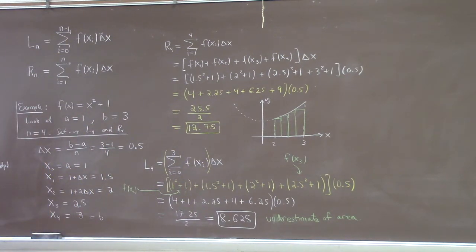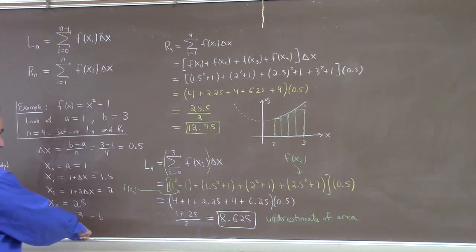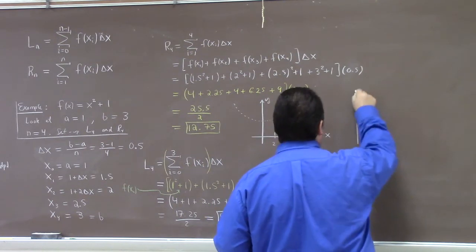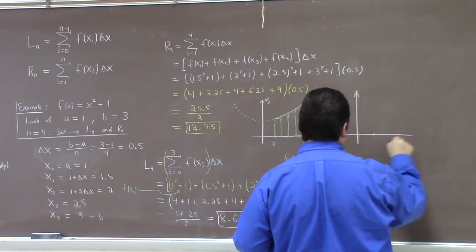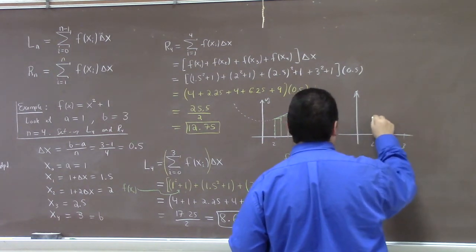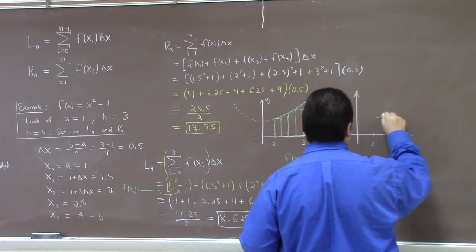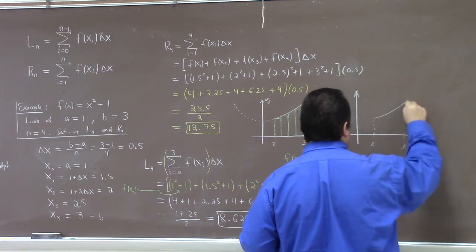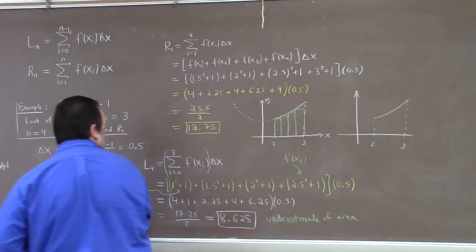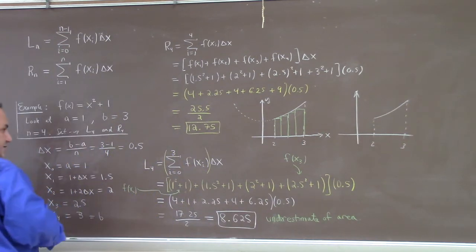What does the right endpoint rule look like, though? I'll draw that one next to here. I'm never successful in recreating exactly the graph, but the right endpoint rule, I'll make that one in orange.